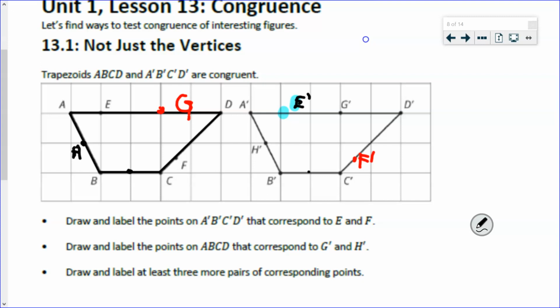Good, I like that point. What are we going to call it, Landis? Sure, you can call it I. I and I prime. Good. That one works.